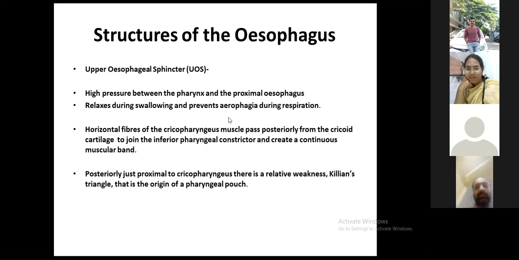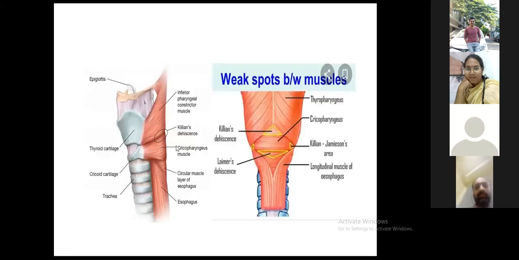The horizontal fibers from the cricopharyngeal muscle pass posteriorly from the cricoid cartilage to join the inferior constrictor muscle, which can be appreciated in this image, where the fibers travel horizontally to join with the inferior constrictor muscle.